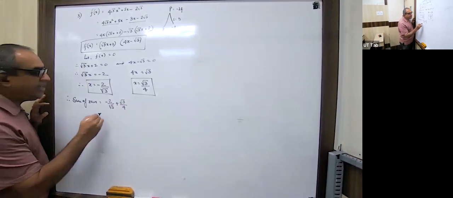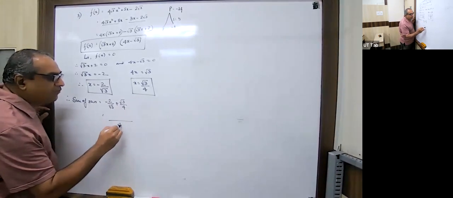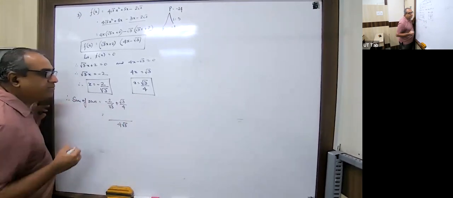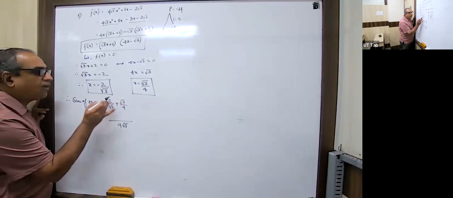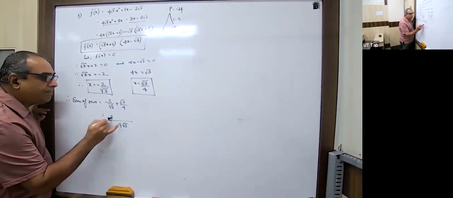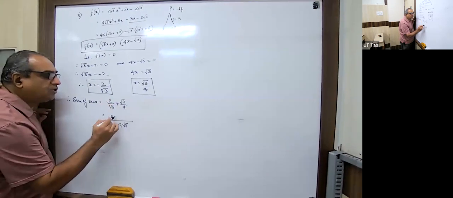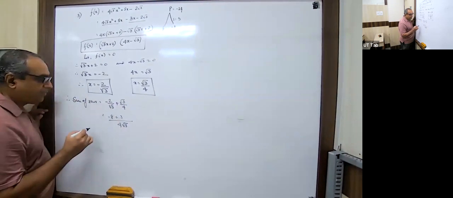We will take the LCM, that is 4 root 3. 4 into minus 2. Root 3 into root 3, 3.